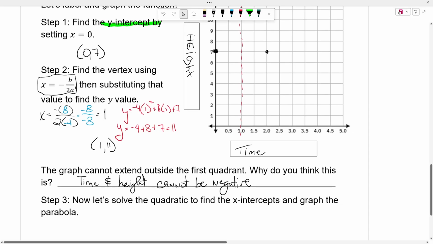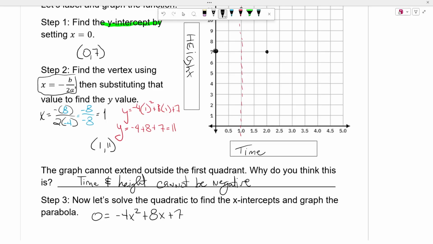So we need to go now and find our x-intercepts. To find my x-intercepts, I take my original equation and set it equal to 0. Here I want to go through and find, using my AC method and my b, -4 times 7 is -28.